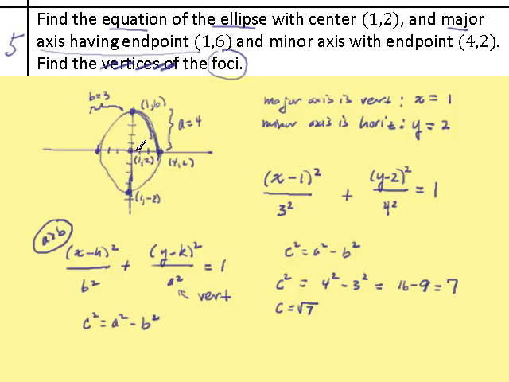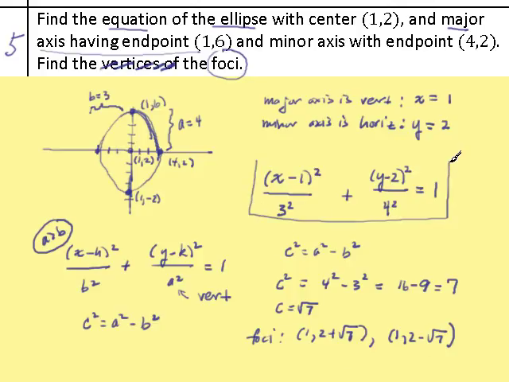So it'll be square root 7 above the center and square root 7 below. So we're just going to add and subtract this time from the y. So the foci are (1, 2 plus square root 7) for the one above, and (1, 2 minus square root 7) for the one below. All right, so there we have our equation. And there we have our foci.